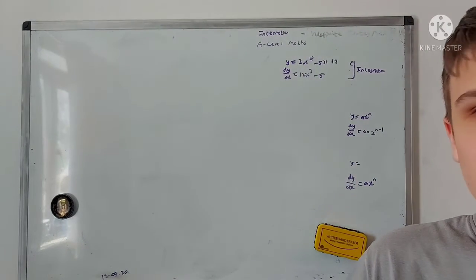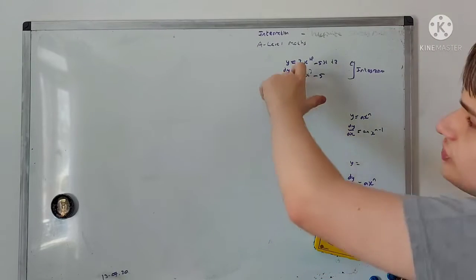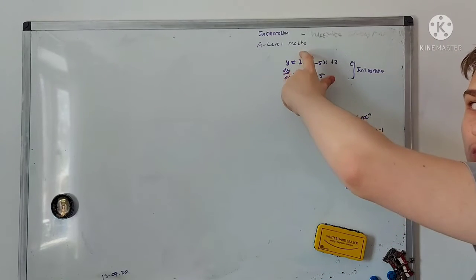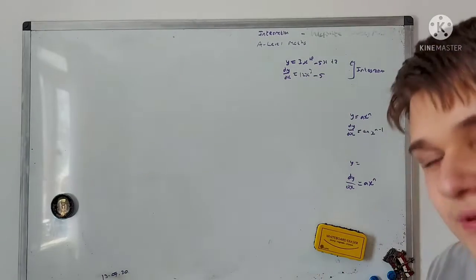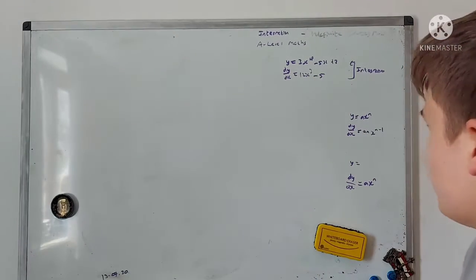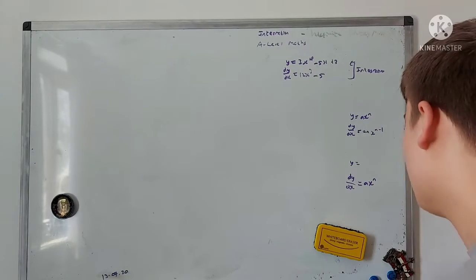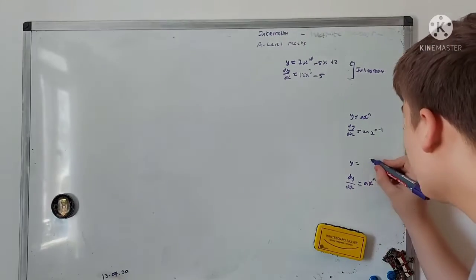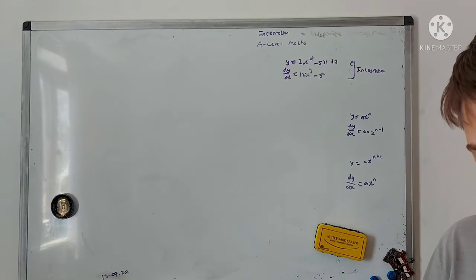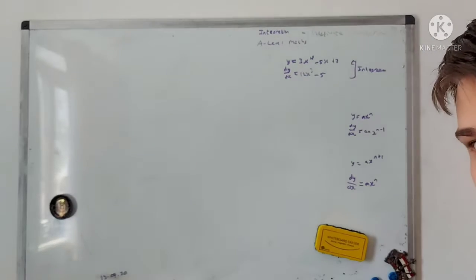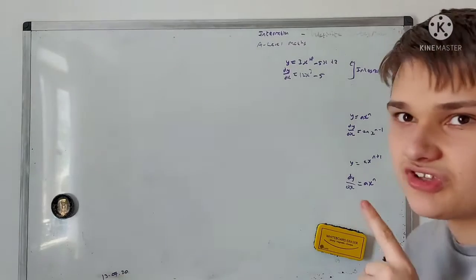So how would we get back from the 12x cubed to the 3x to the 4? Well, we can see clearly the power 3 would have to increase by 1 to get back to 4. But we don't want 12x to the 4, do we? So we'd have ax to the n plus 1. We'd have 12x to the 4, but that's not what we want. We want 3x to the 4.